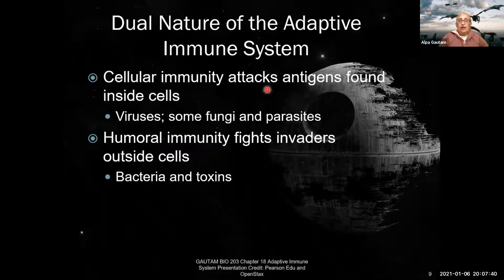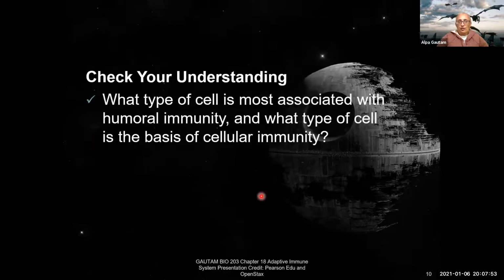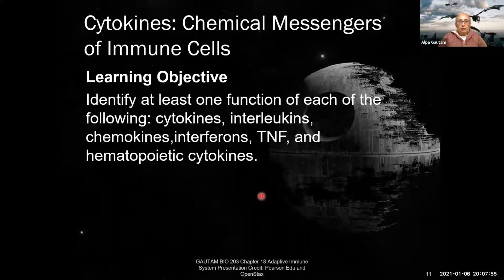Cellular immunity attacks antigens, or it can recognize infected cells, whereas humoral immunity only recognizes the pathogens, does not recognize infected cells. Okay.